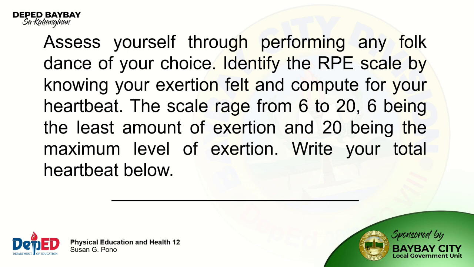The scale ranges from 6 to 20, 6 being the least amount of exertion and 20 being the maximum level of exertion. Write your total heartbeat below. If you engage in dance exercise, your ideal RPE is between 15 to 20. It's up to you how you feel with the exertion you exerted.